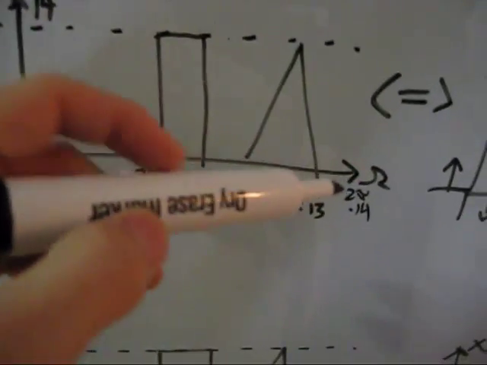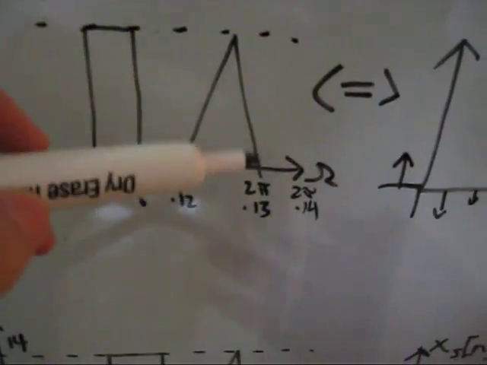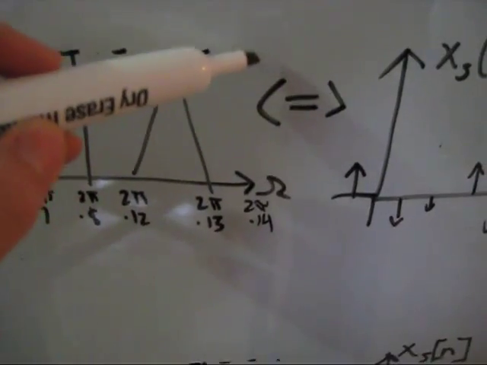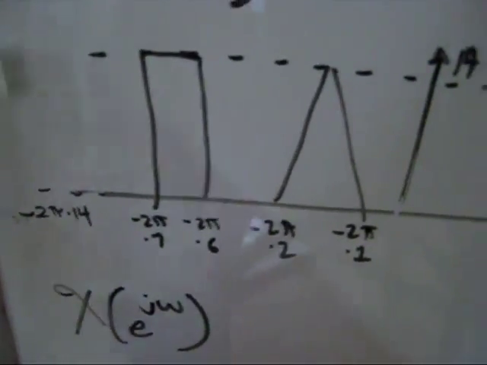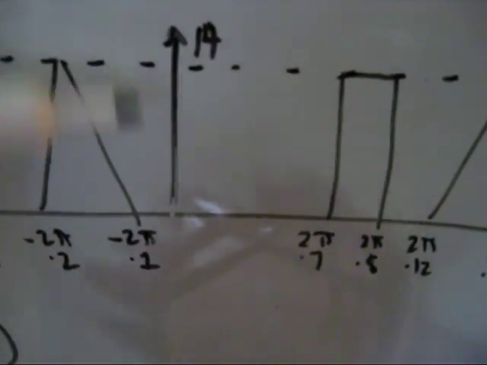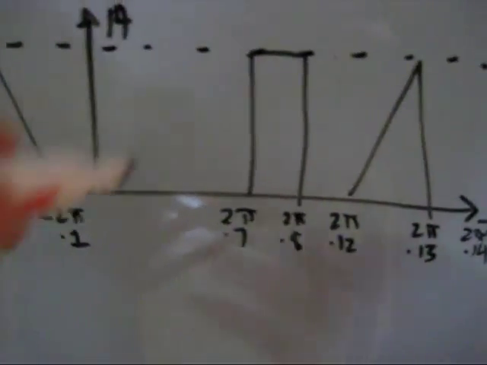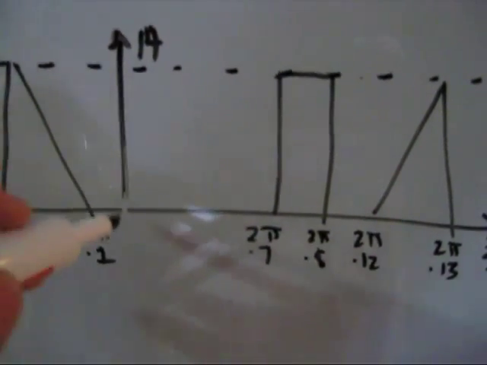So the frequency components that are closest to your sampling frequency, whether positive or negative, so minus 14 hertz or positive 14 hertz, are the high frequency components, and everything located in between those is the low frequency part.